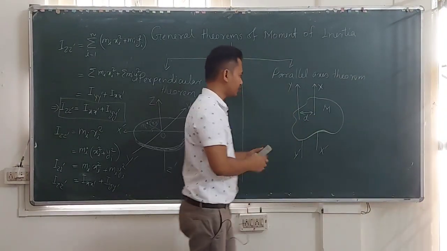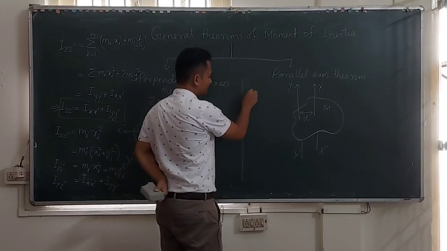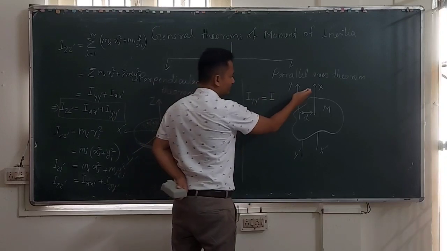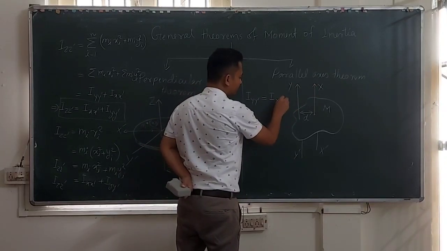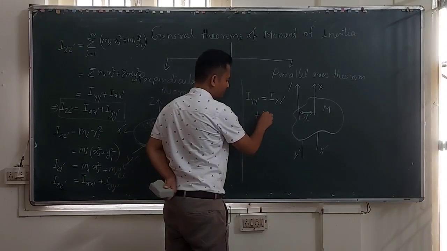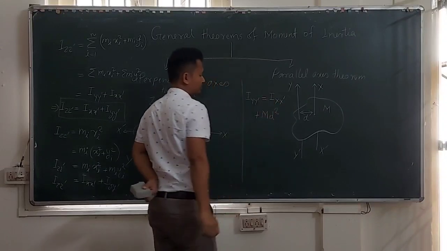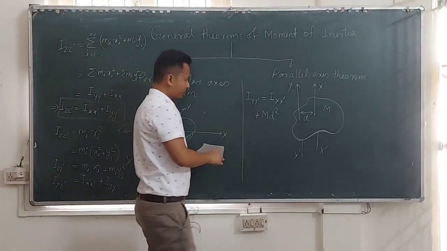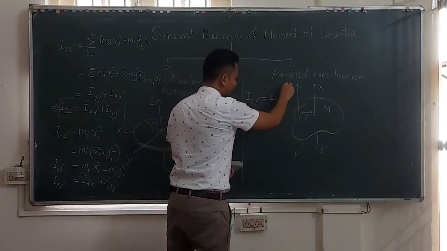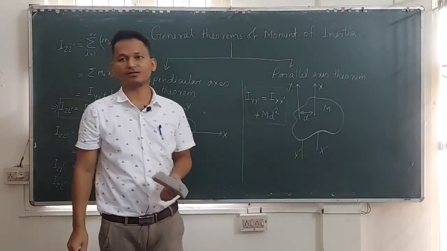Let me write it: the moment of inertia of this lamina about y prime is equal to the moment of inertia about x prime plus M d square. This is the parallel axis theorem, and it can be applied to any axes which are parallel to each other.